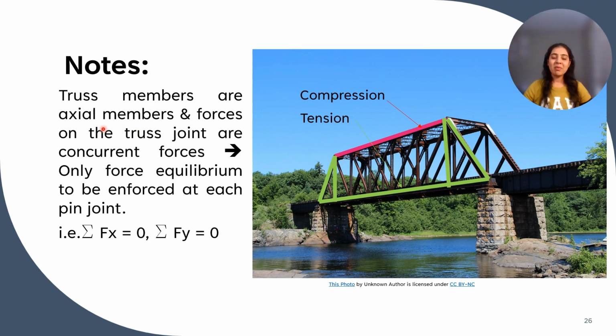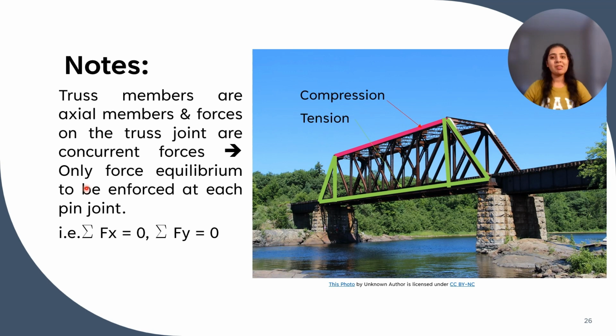Now, note number 2. Truss members are axial members and forces on the truss joint are concurrent forces. What are concurrent forces? In the equilibrium video, we have seen what concurrent forces are and what the equilibrium conditions for concurrent forces are.